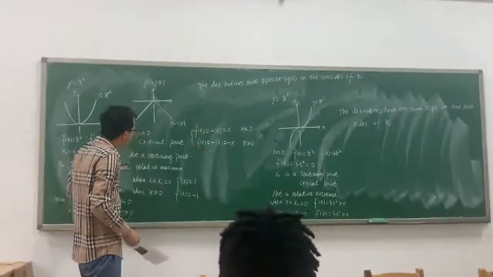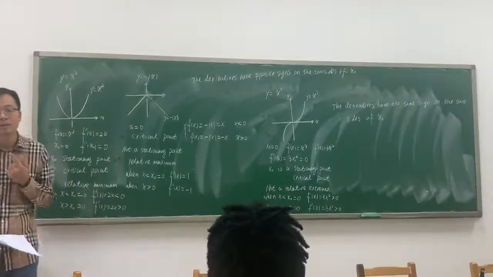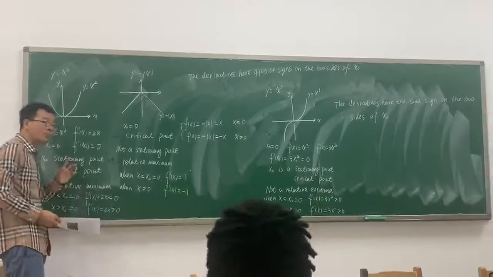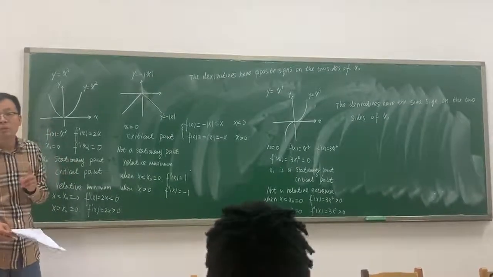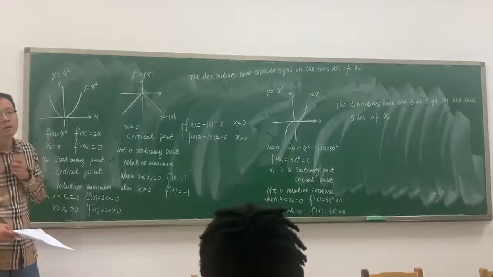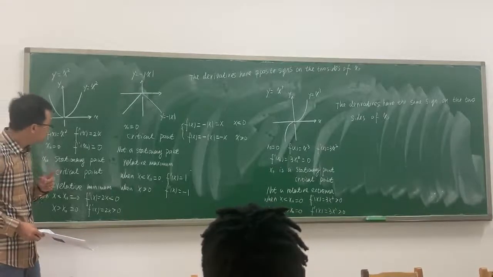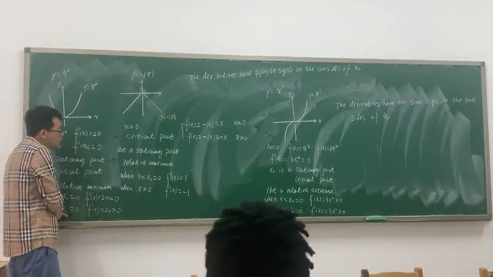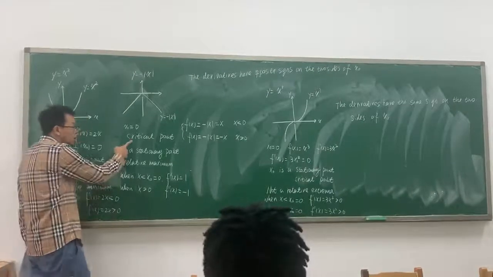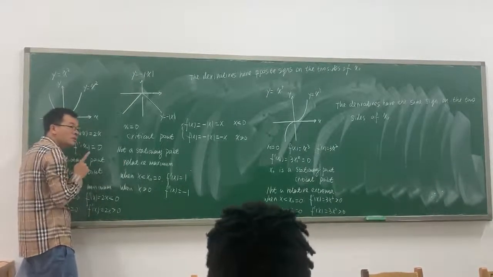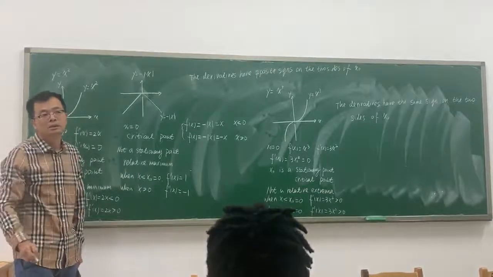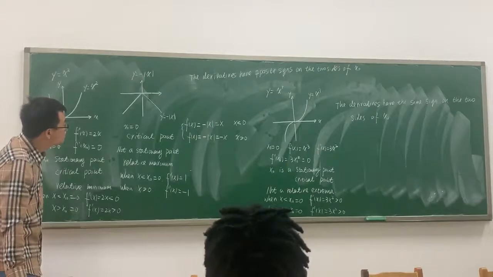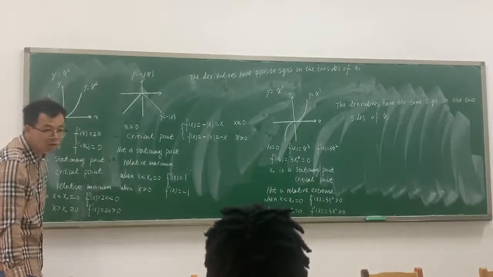So actually, these three examples tell us when the critical point will be a relative extremum. A critical point sometimes will be a relative extremum, sometimes it will not.